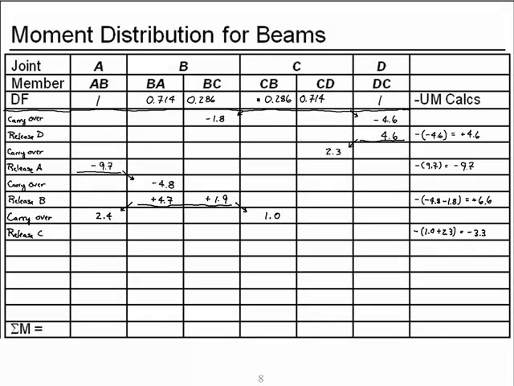If we take that times our distribution factor of 0.286, it means that a negative 0.9 foot kips will come into member CB, and when we take this distribution factor times the quantity we need to balance, it means that there will be a negative 2.4 foot kips coming into member CD, and now node C is in equilibrium. We clamp it down, but there is carryover.